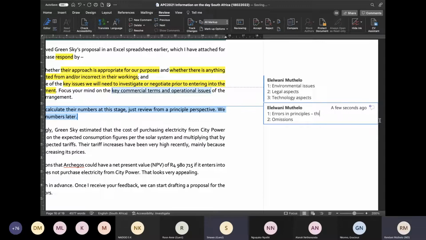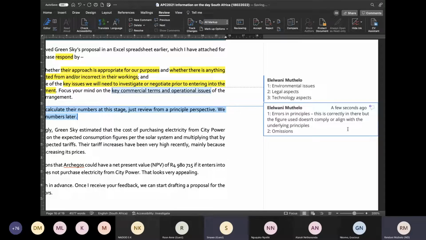This is correctly in there, but the figure used does not comply or align with the underlying principles.